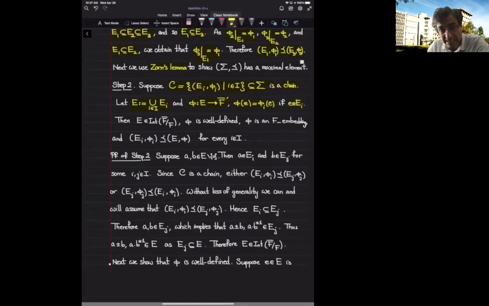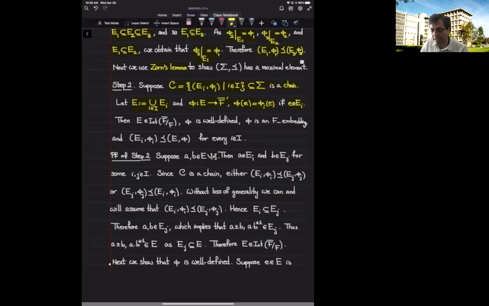It can be in many of these E sub i's, but it's definitely in E sub I for some I. And then I ask myself, what does phi sub I do to this element, and call that phi of E. I need to justify why this is independent of choice of the index I, why phi is well defined. But after we do so, we get the desired pair, because as you can see here, this phi restricted to E sub I is phi sub I.